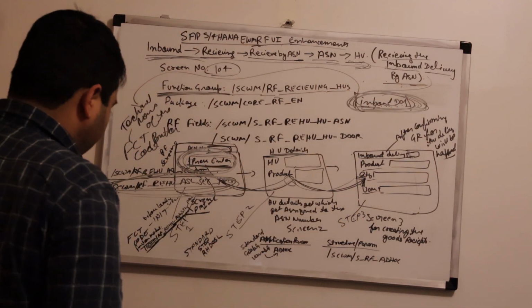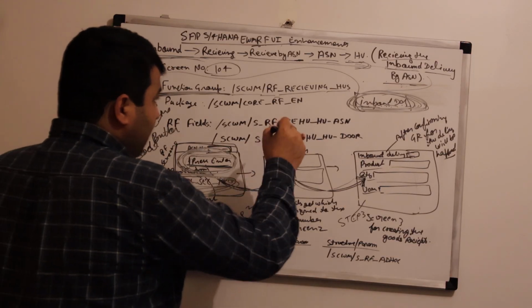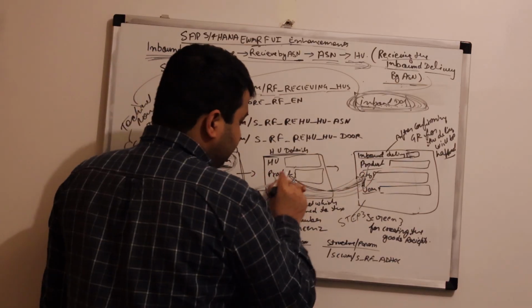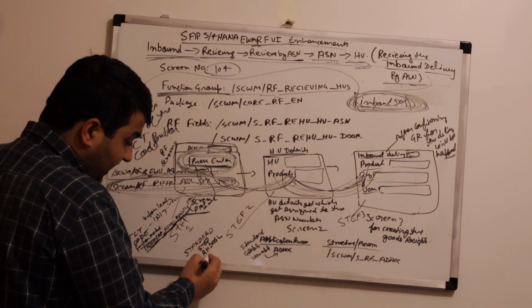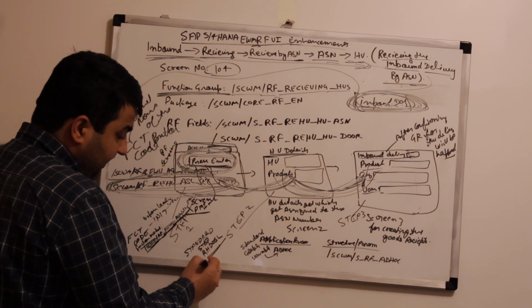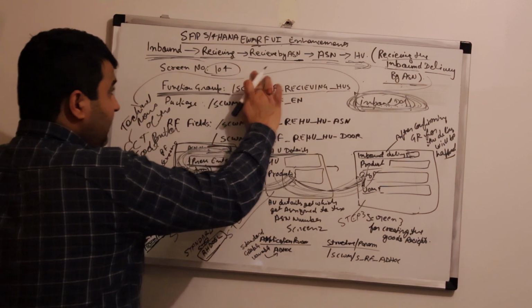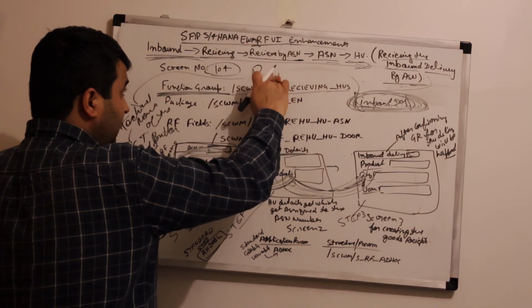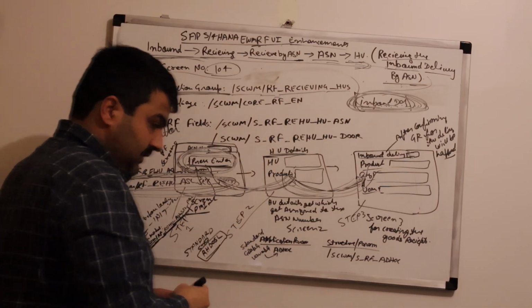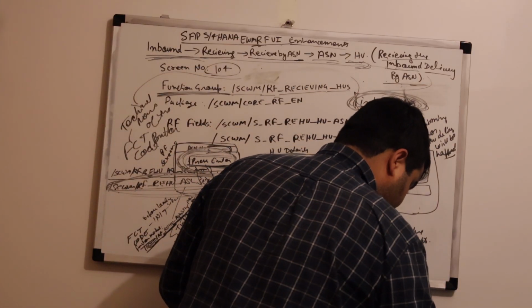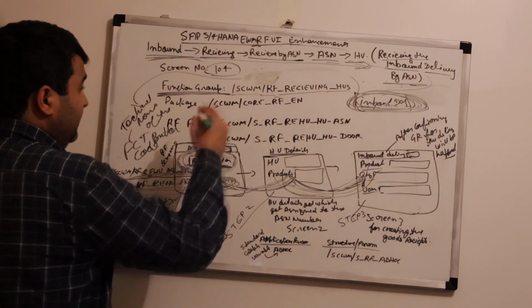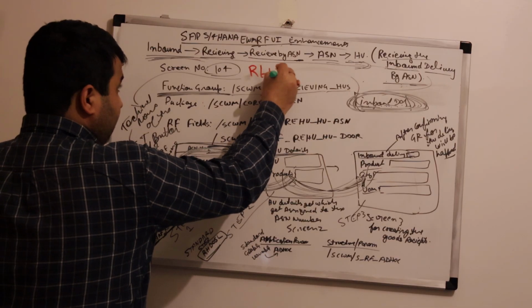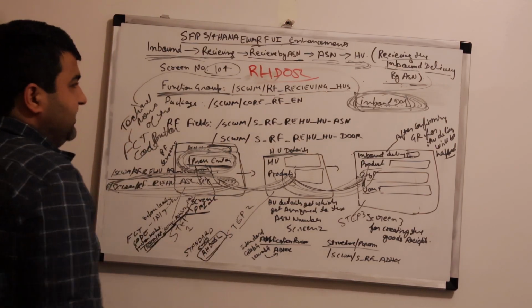For jumping from one screen to another, the standard step name is RHDOSL. I will use the red pen. The standard step is RHDOSL.